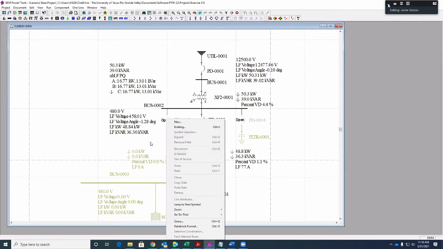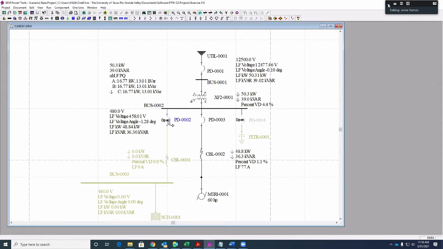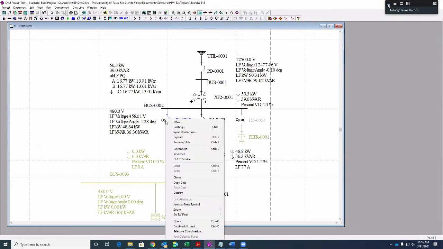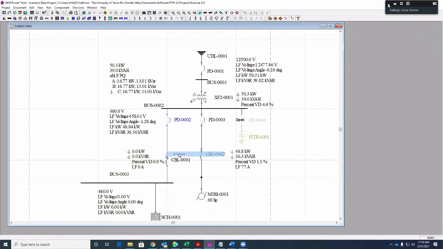Oops, no. Okay, first I need to select, left click. Once it's selected, right click. Okay, now it's available. Disconnect, so I put it in service now. So now it's in service.